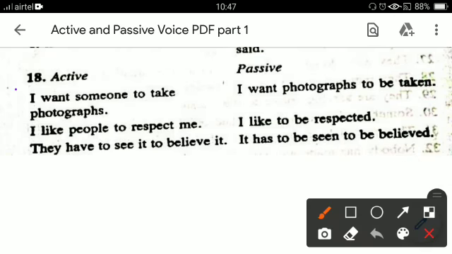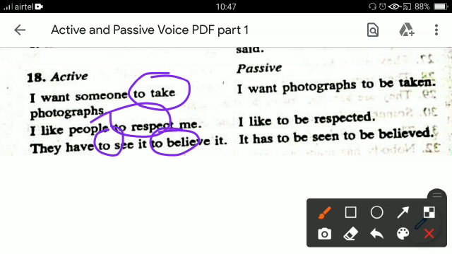So the 18th rule, let's see the 18th rule. I want someone to take photographs. When there is want, like, okay, such kinds of verbs, it is a little bit different. But to take, to respect, to see, to believe, infinitive is there, so they will be changed in the same manner.